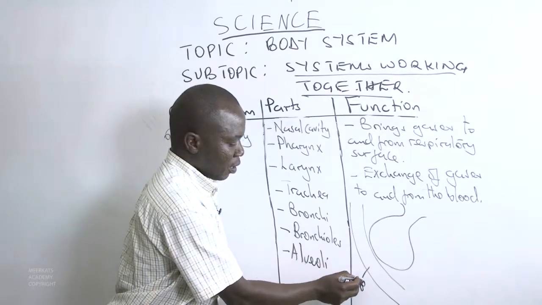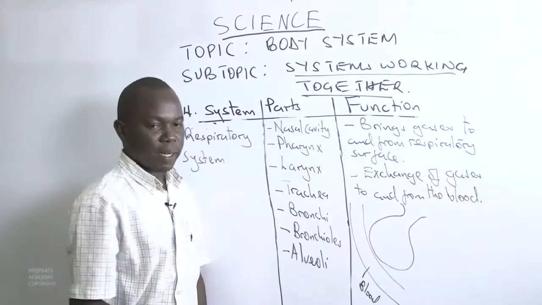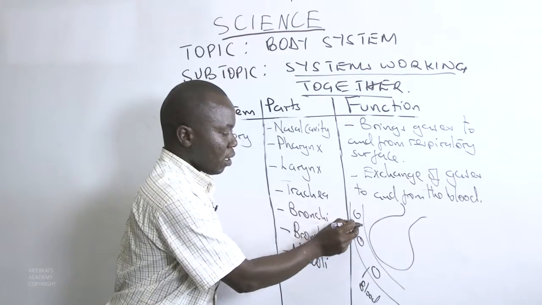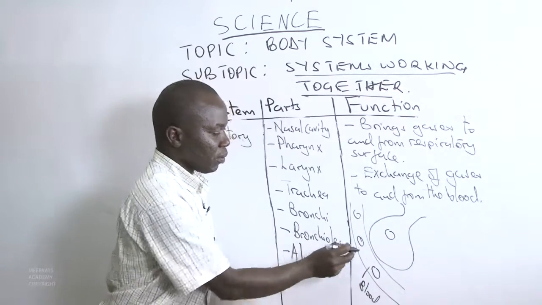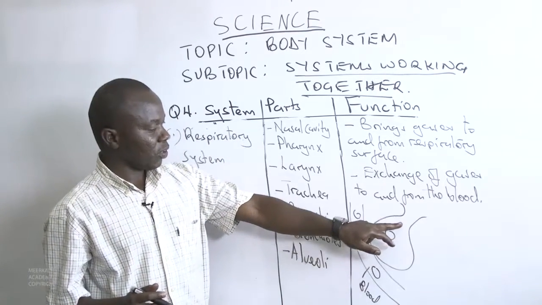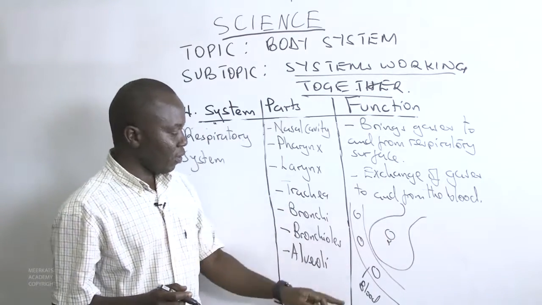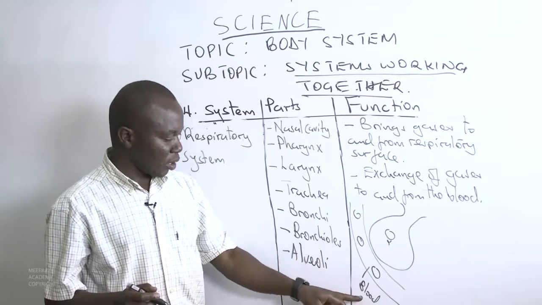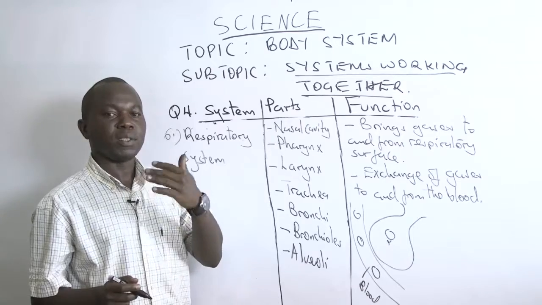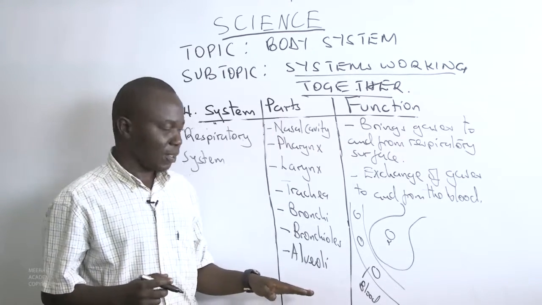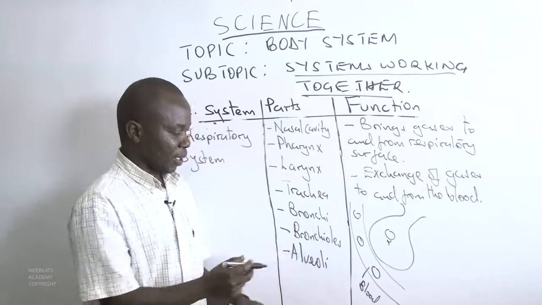This is blood with red blood cells. And then we have oxygen molecules in the alveoli. There is a high concentration of oxygen in the alveoli than in blood, maybe because the oxygen that was in blood has been used in respiration.